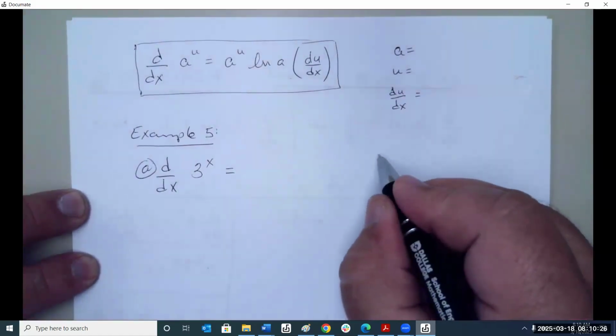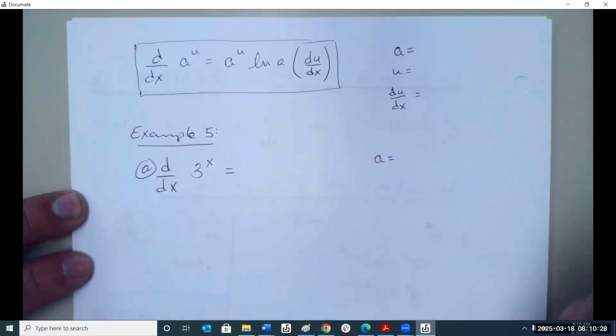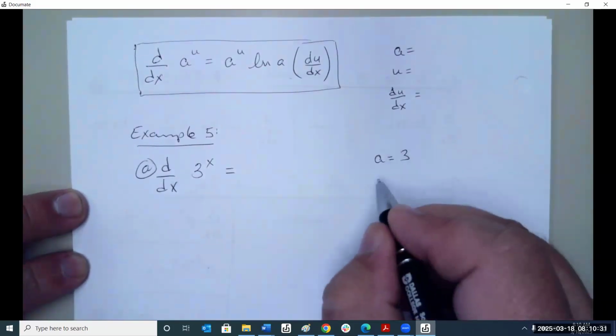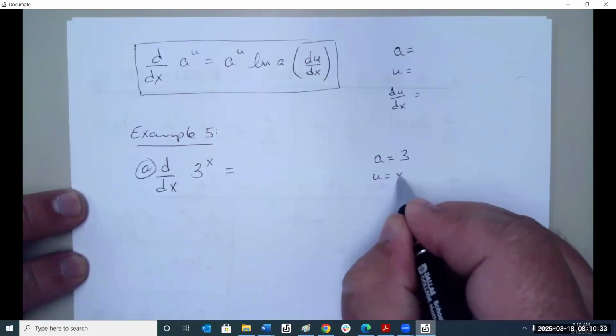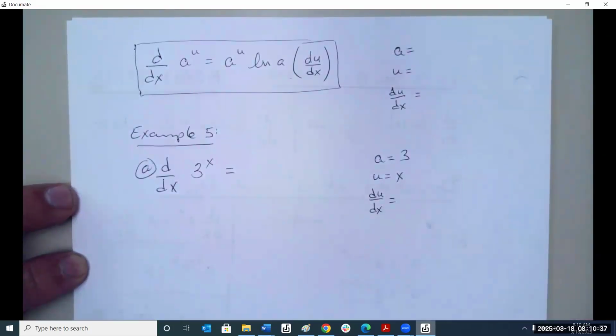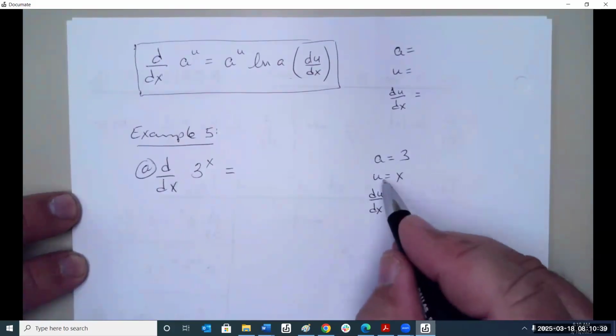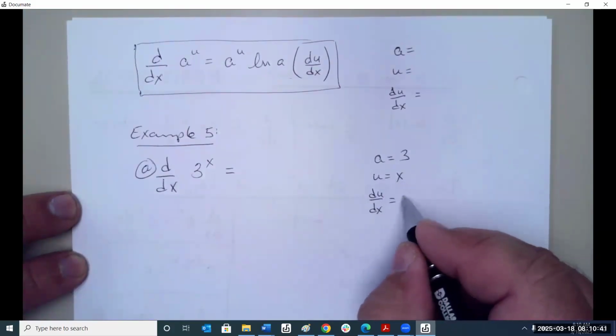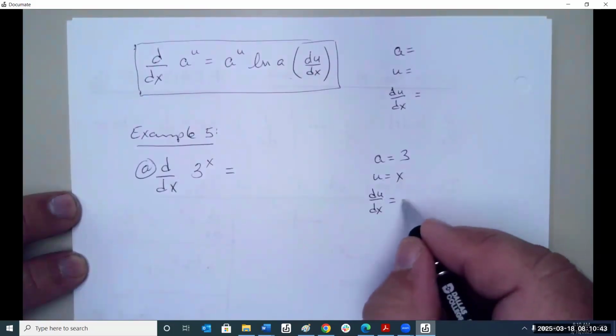So in our example, what is A? 3. What is U? X. What is du dx? What's the derivative of U? No, what's the derivative of X? 1.